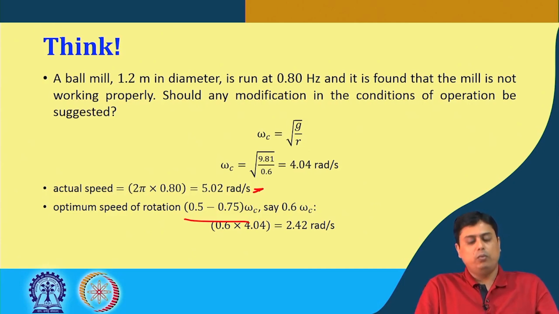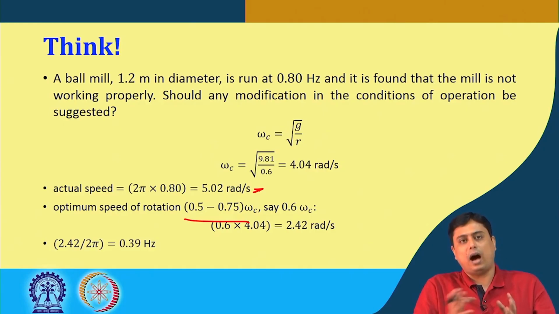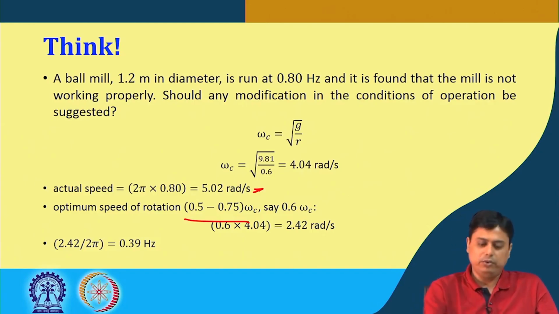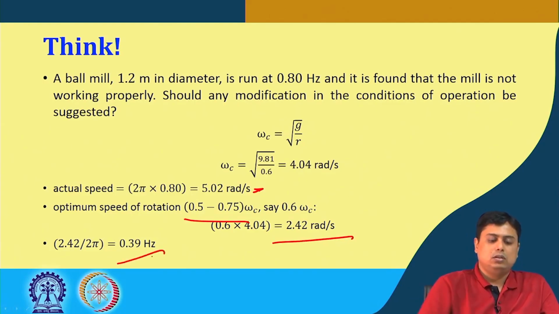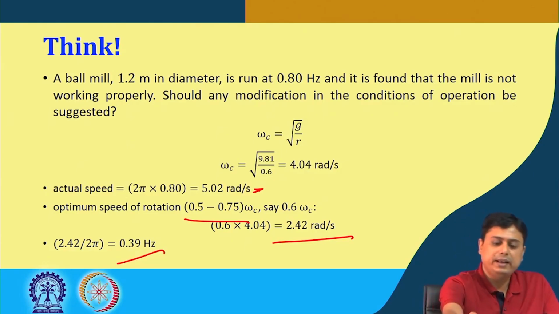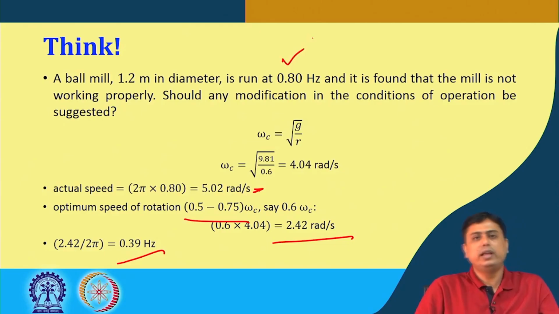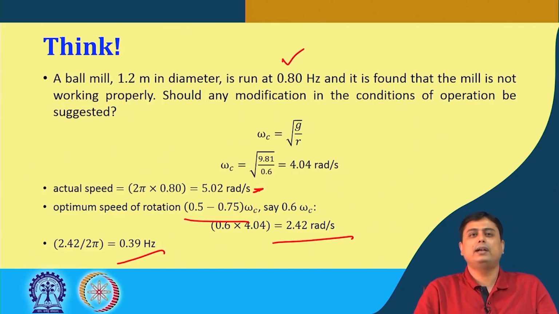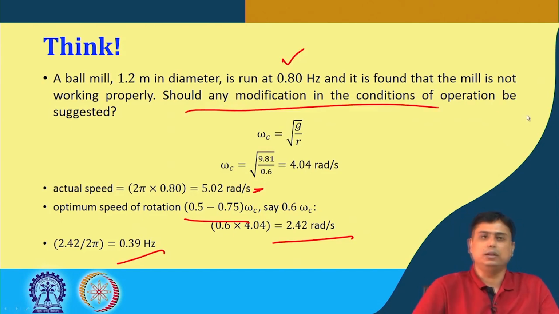So, basically we have to make it half of that actual speed in order to have an optimum operation of this ball mill. And if we convert this to frequency, we get 0.39 hertz, and it is currently running at 0.8 hertz. So, nearly it is currently operating at double the frequency. It should be half, and then it can operate smoothly.